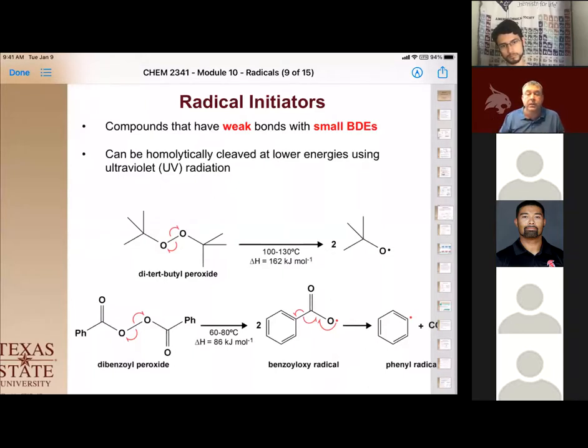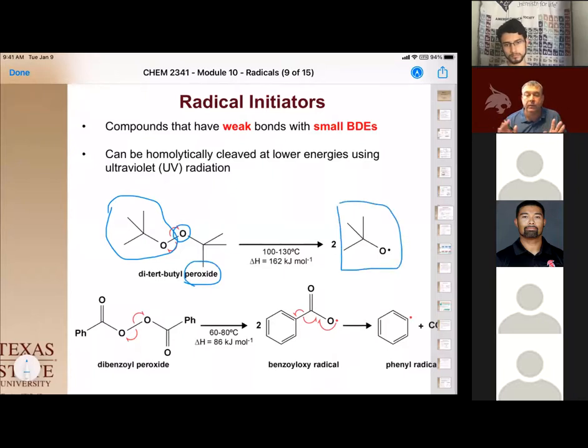Okay. So in the case of this peroxide, which is an alcohol right here with an extra oxygen on it to give us what we call a peroxide, when it breaks apart, it gives us two oxygen radicals that can go on and react. Another very common one that is really stable once it forms is dibenzoyl peroxide. Now, the reason it's stable is that we have a weak bond that breaks apart very easily.